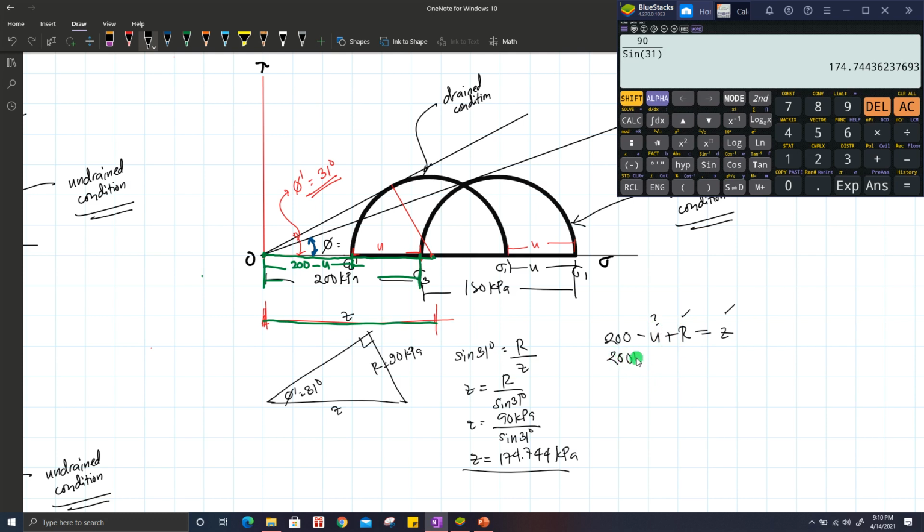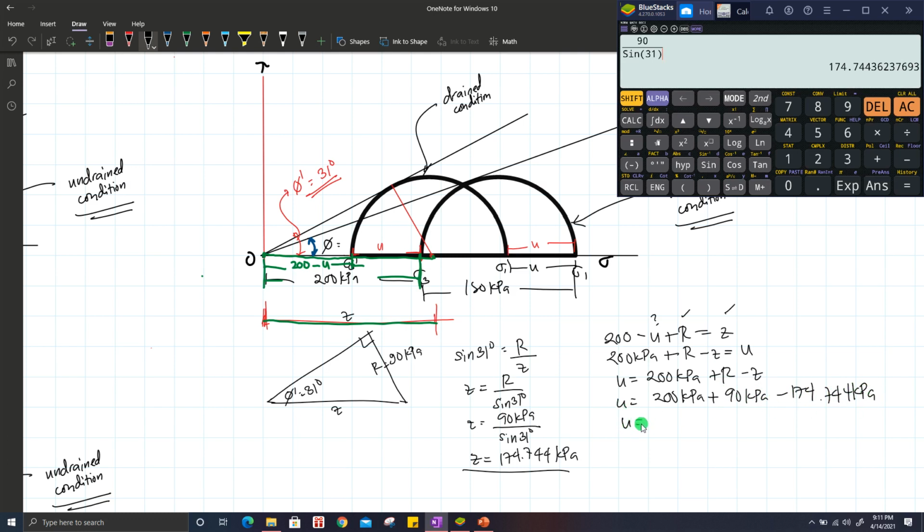We have 200 kilopascal plus yung radius natin, minus Z, transpose ko na, at yung U naman, inilipat ko dun sa kabila. So, U equals to 200 kilopascal plus R minus Z. So, U equals to 200 plus radius na 90 minus Z na 174.744 kilopascal.